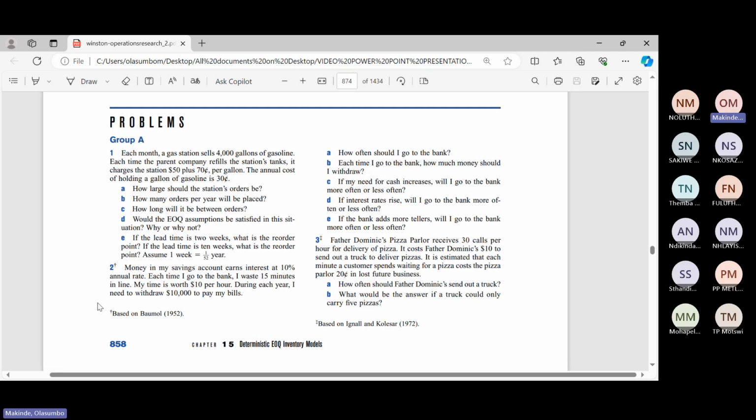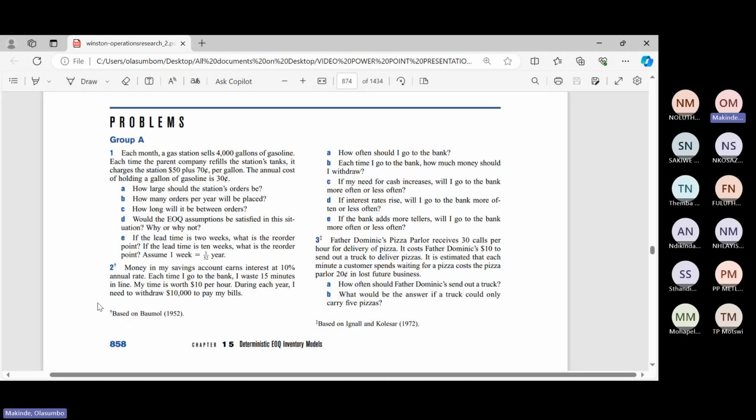So let's look at another question, which is question number 2. And you can see how inventory is being applied here to a very funny question, a situation where you are saving money in the bank.